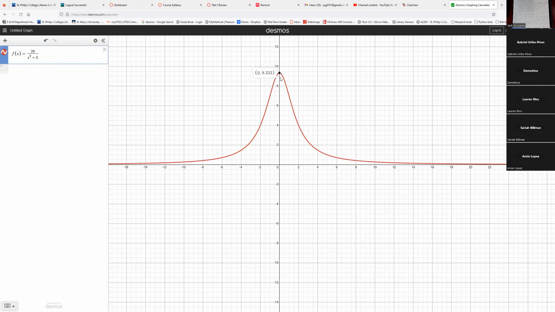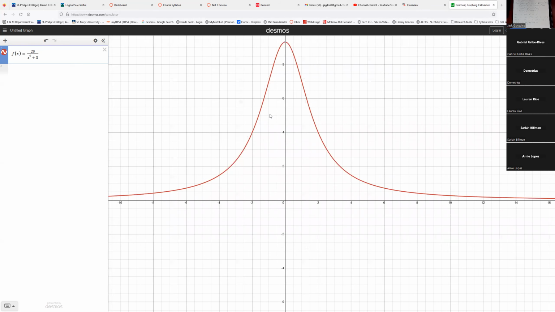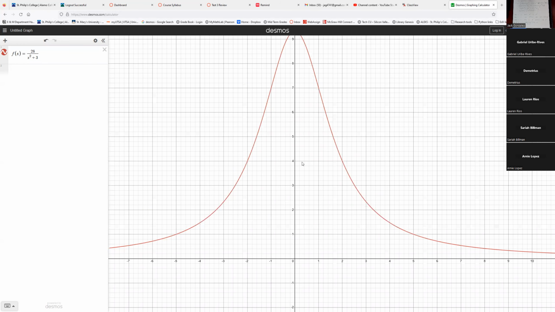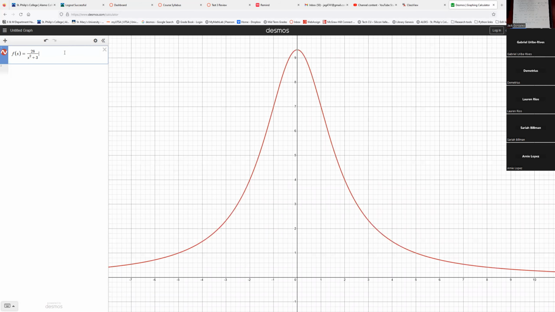So we have this critical value here. The answer is supposed to be from 1 to -1.